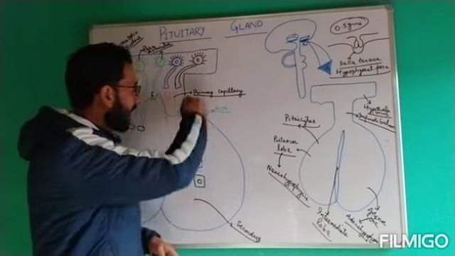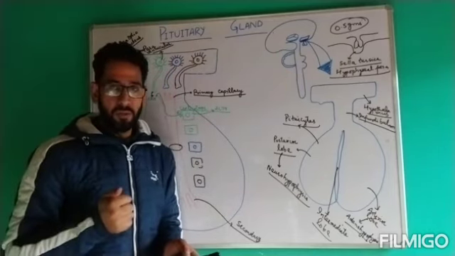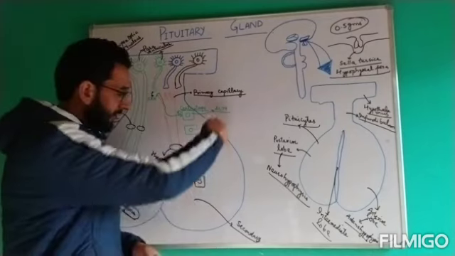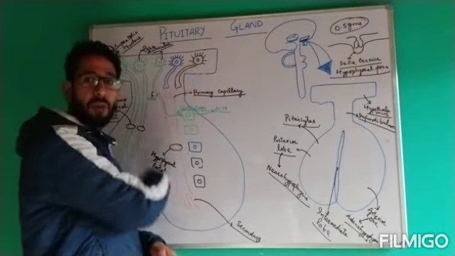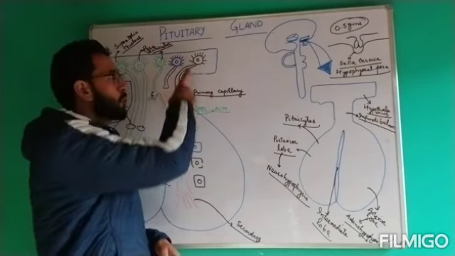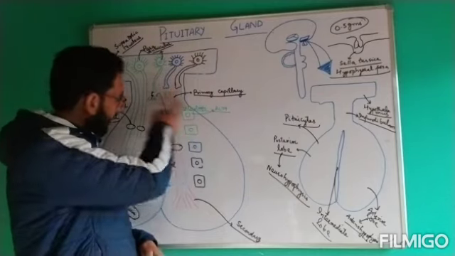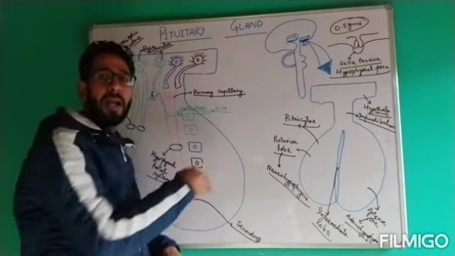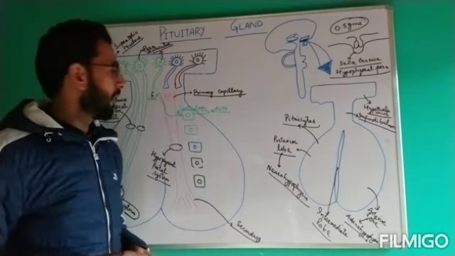That is why our pituitary gland is called the master gland in our body. But remember, this master gland itself has a master. The activity of this pituitary gland is controlled by the hypothalamus. So the hypothalamus is the master of this master gland, because it is controlling the activity of different glands of our body.